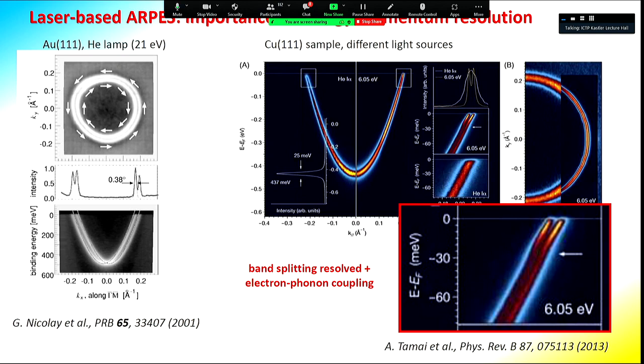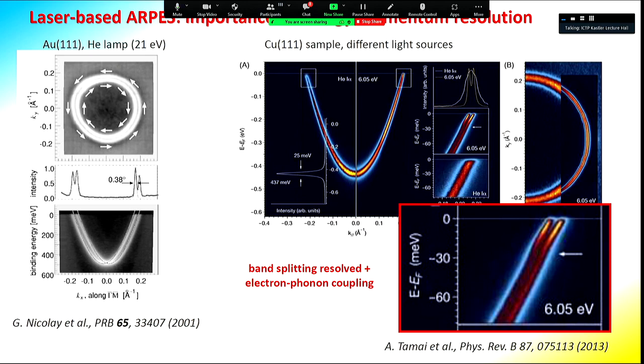It has very good beam stability and very good energy resolution. So you can see this kink. The electron-phonon coupling shows up because you do not see a straight band coming directly to the Fermi surface; there is a change in the band slope. From there, one can estimate different parameters related to the electron-phonon coupling.